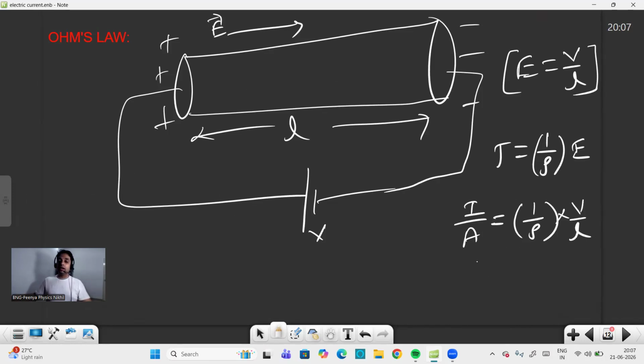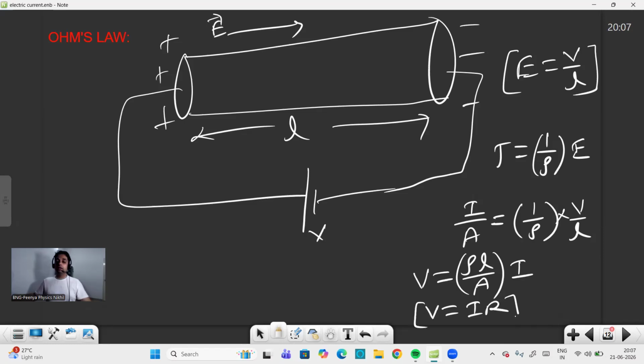So here we can write, just cross multiply, V equals rho L by A into I. So V equals I into R. We can say V is directly proportional to I. This is nothing but Ohm's law.